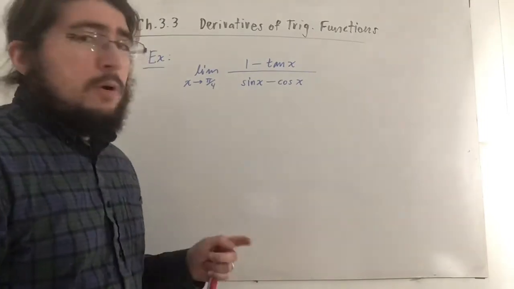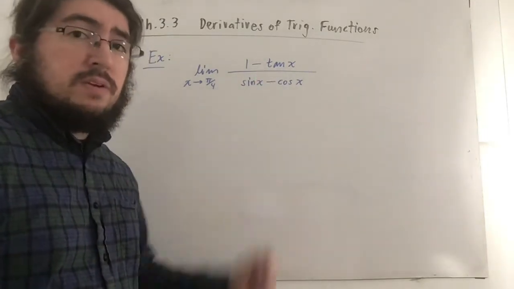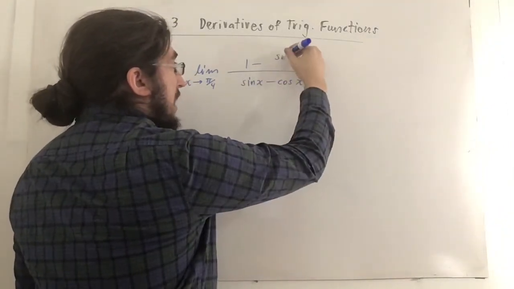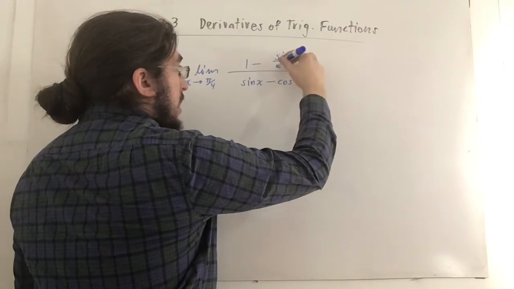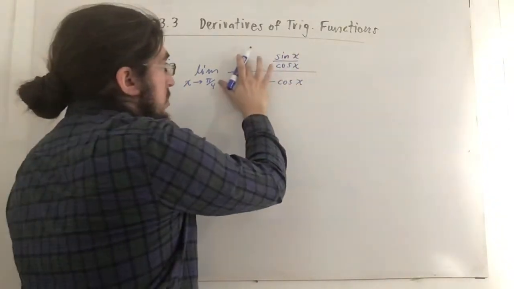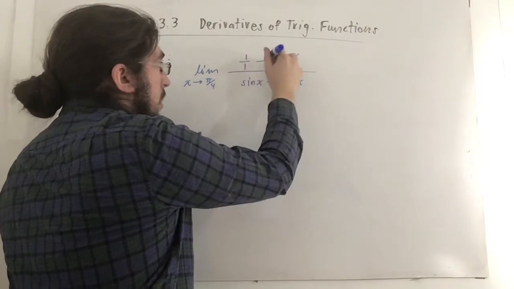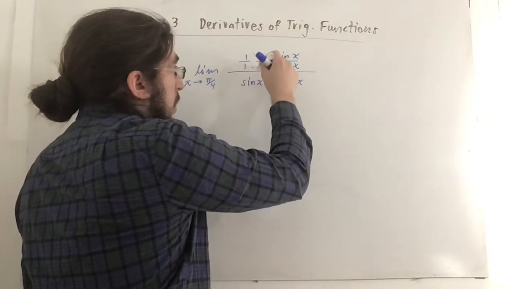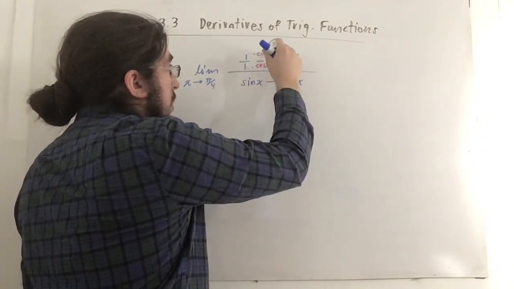In fact, all I'm going to do is get rid of tangent and write it in terms of sine and cosine, so I'm going to do that right here. Tangent was what again? It was sine over cosine. Now I'm going to rewrite this 1 as 1 over 1 so that we can combine these on top into one fraction. So if you multiply top and bottom of this 1 over 1 by cosine of x, you end up getting what?